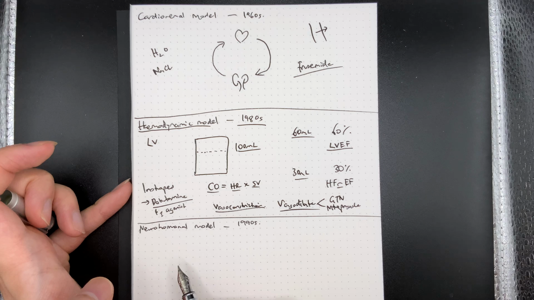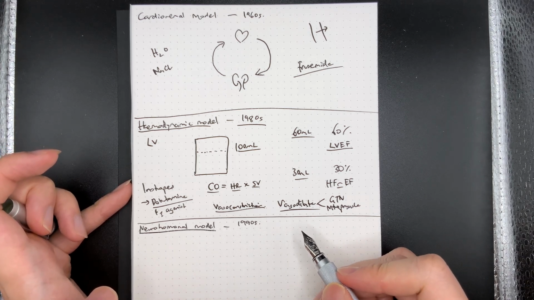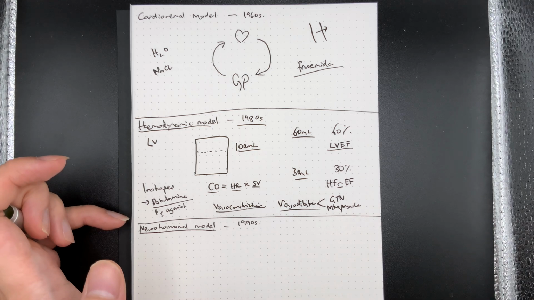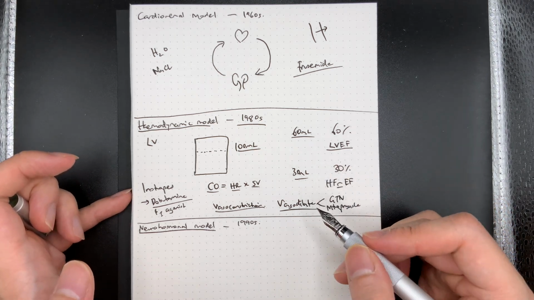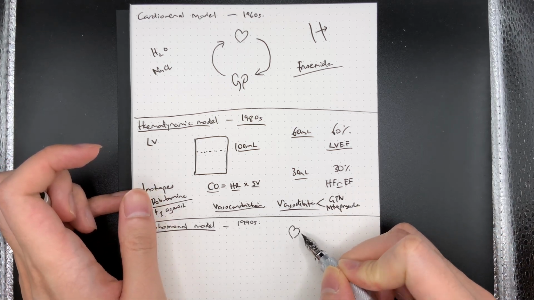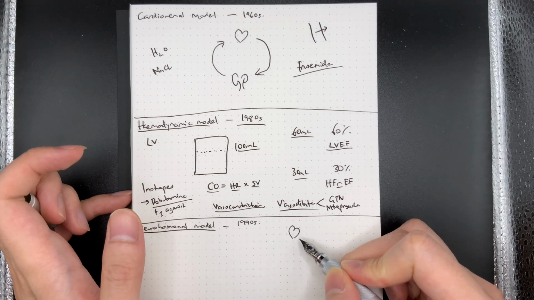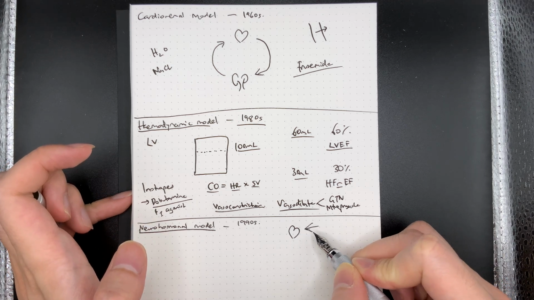Then you go to the neurohormonal model, which is the 1990s, early 2000s. This is where things get quite interesting. So where does heart failure come from? Our understanding is the heart's all fine and dandy, it's normal, and then some kind of injury or insult happens to it.